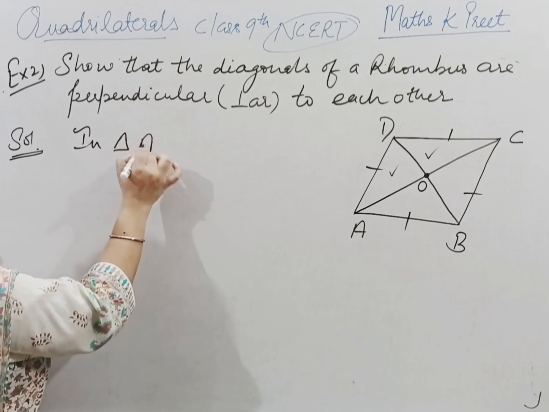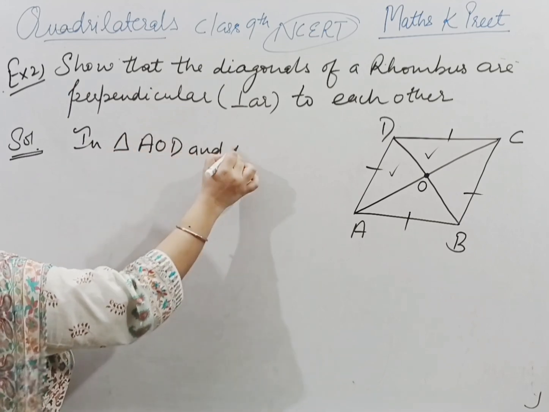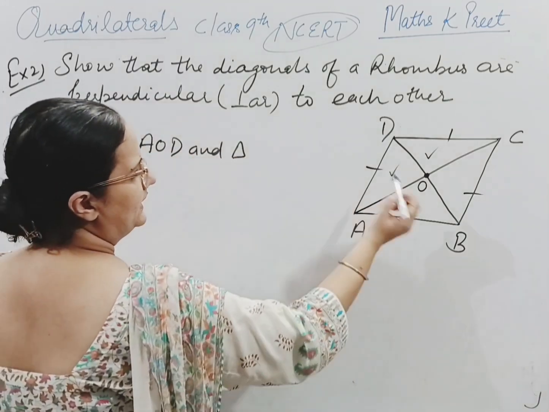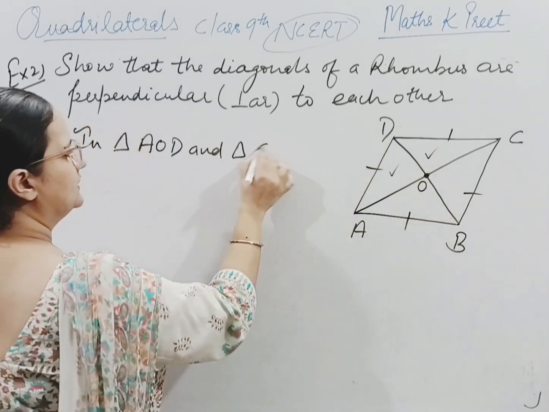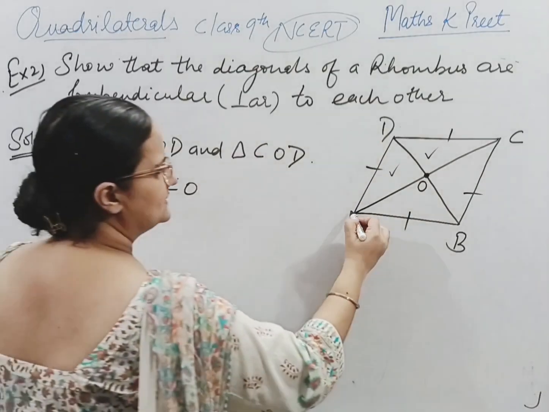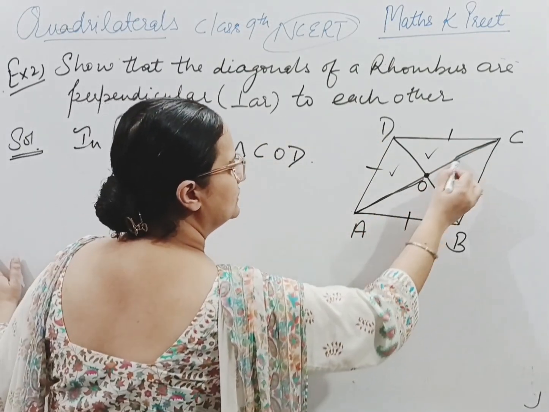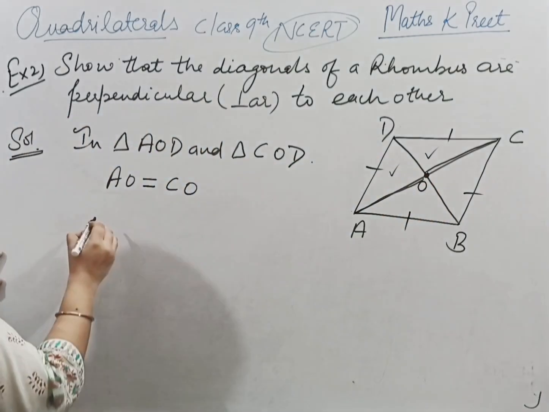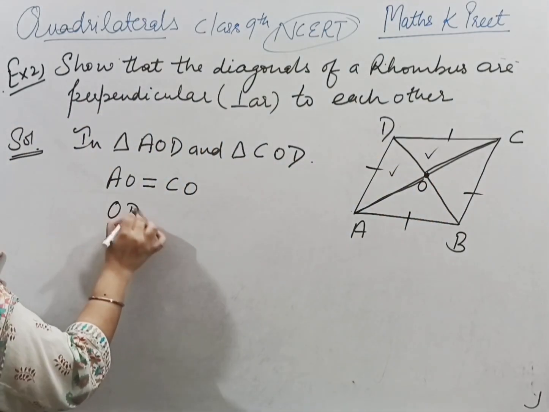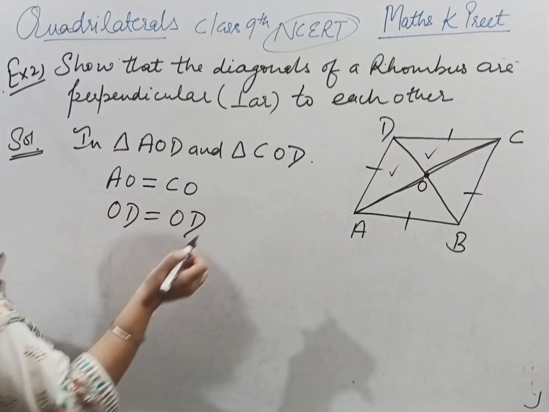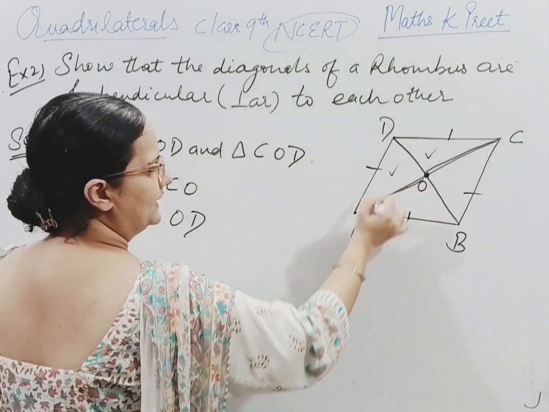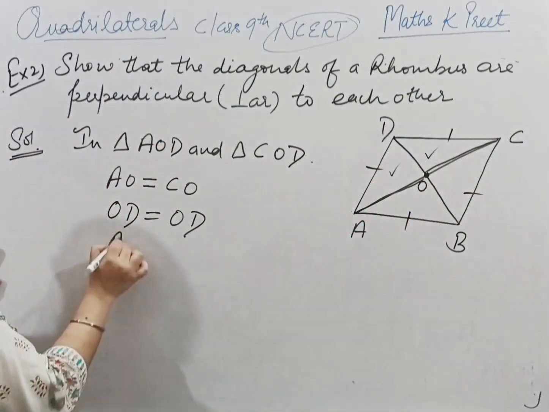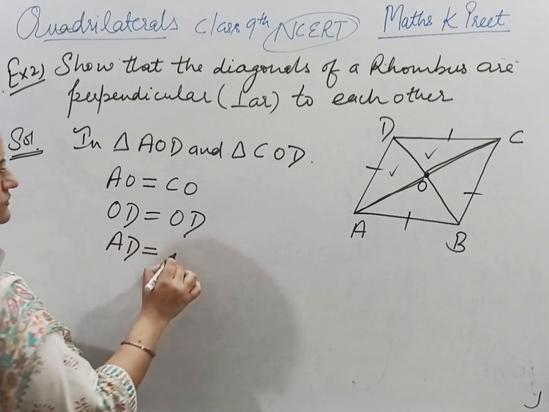Triangle AOD and triangle COD. This side is equal to this side. Fine. What else? OD equals OD is common. I'm going to write the reason. This side is common, and AD equals CD.